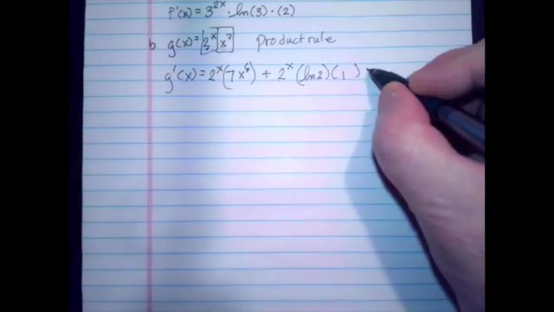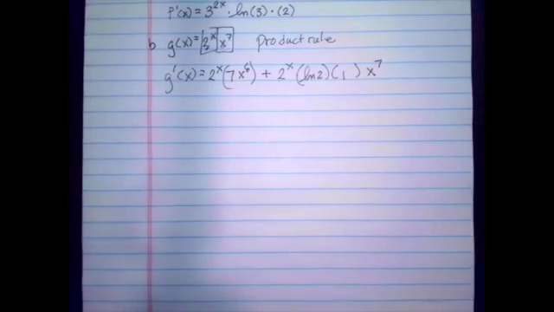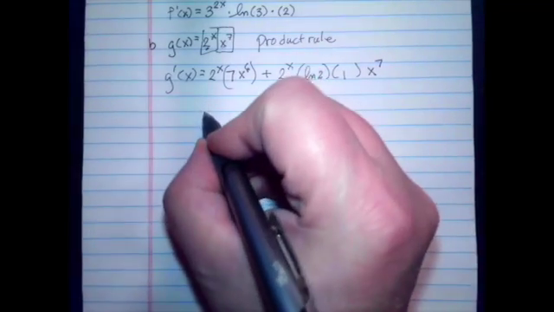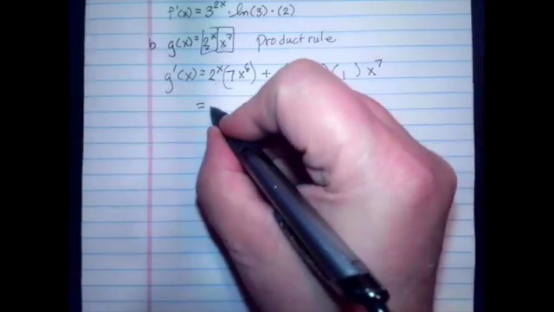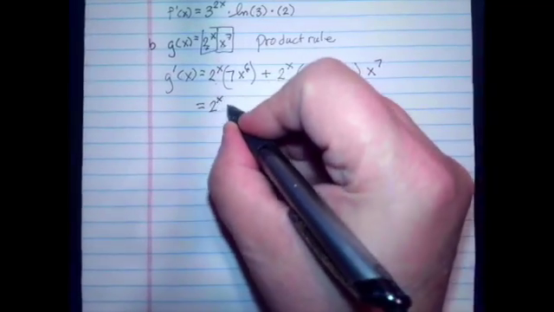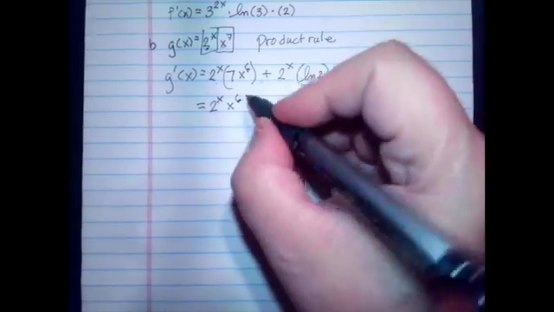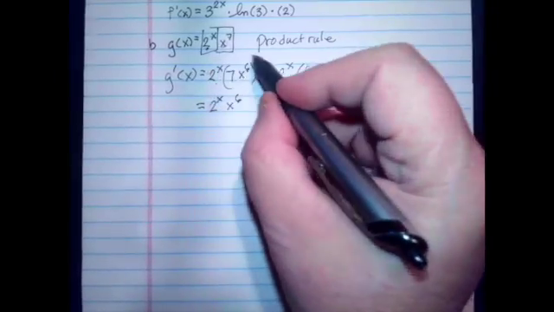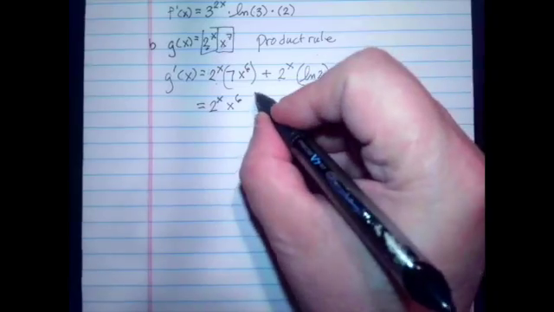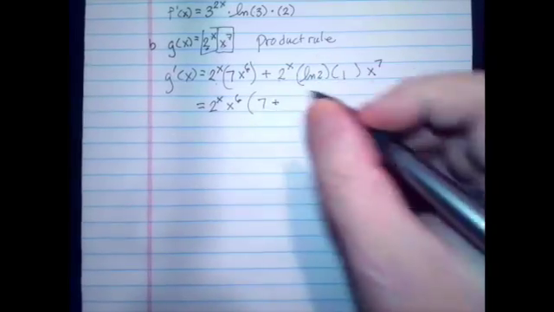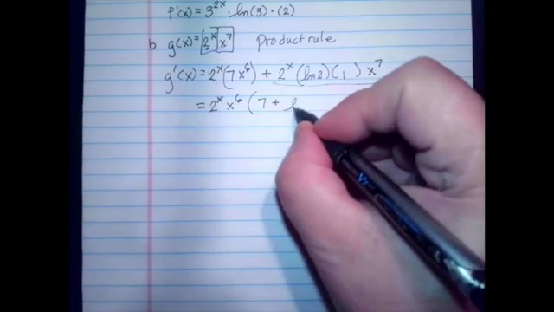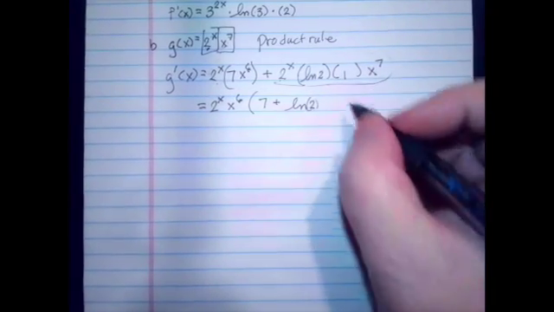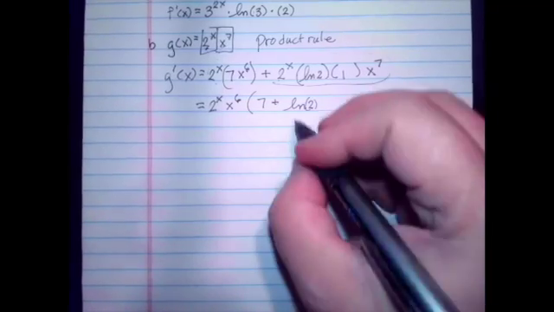Then we have the second factor, x to the 7th. Now, if you like, we can take out all the common factors. I see a common factor of 2 to the x and x to the 6th. So removing that from this term, we're going to be left with just 7, I believe. And in the second term, we're going to be left with natural log of 2 times 1 times x.